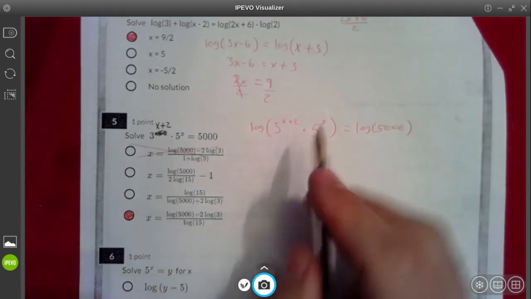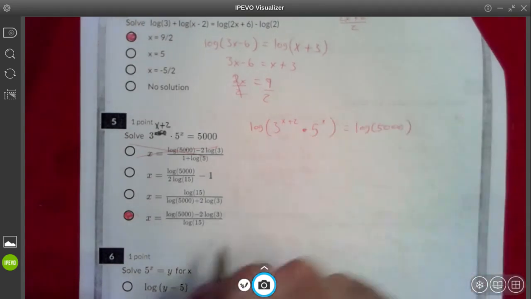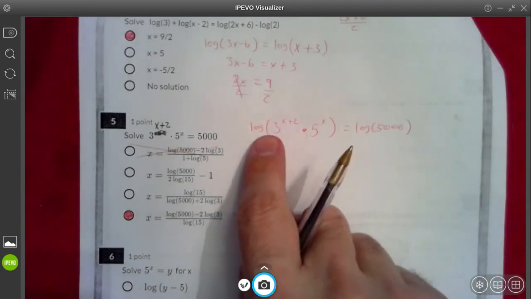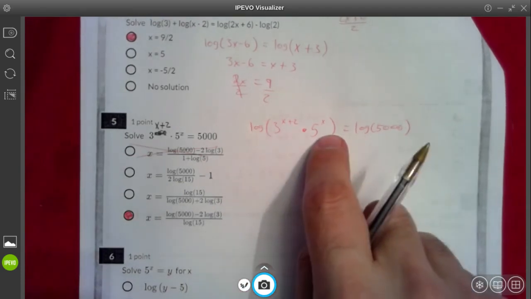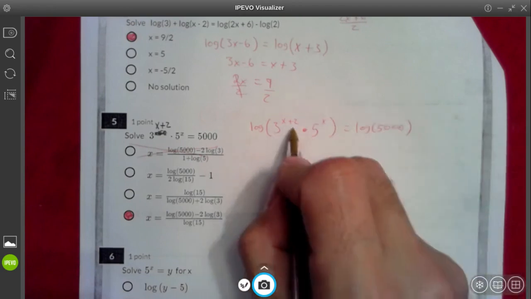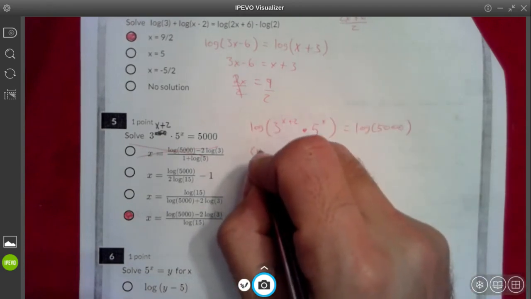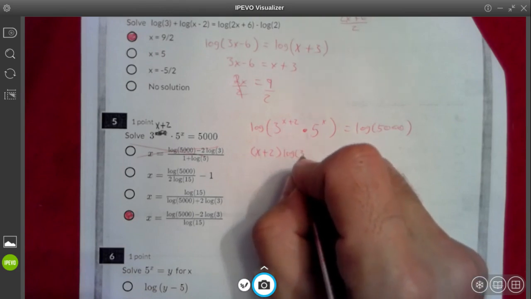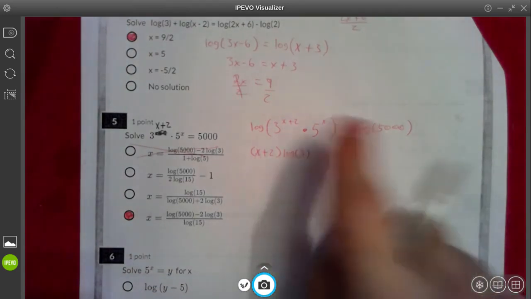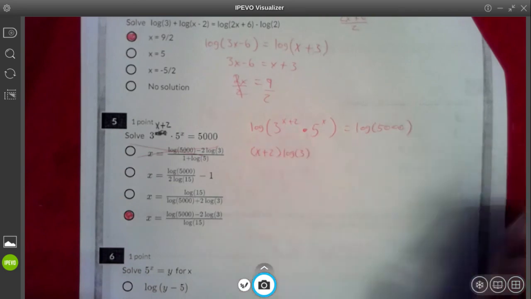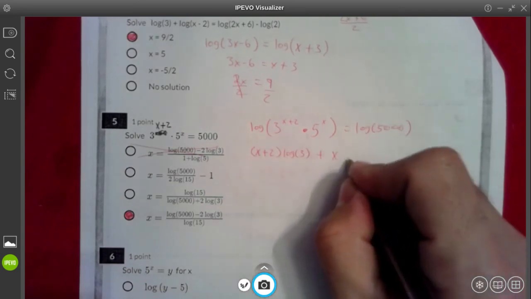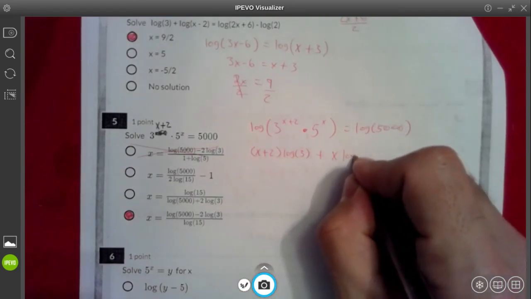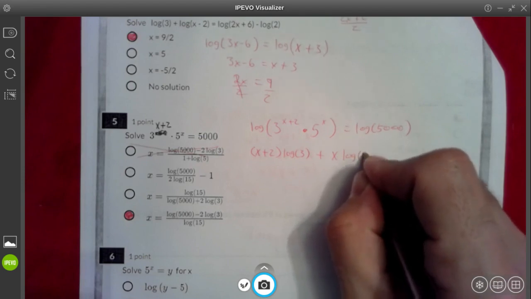The log of these two, because they're being multiplied, it would be the log of the first one plus the log of the second one. And I'm going to go ahead and bring down my exponents at the same time. So it'll be x plus 2 log 3. So that exponent times the log 3 plus the x times log 5. That exponent times log 5.